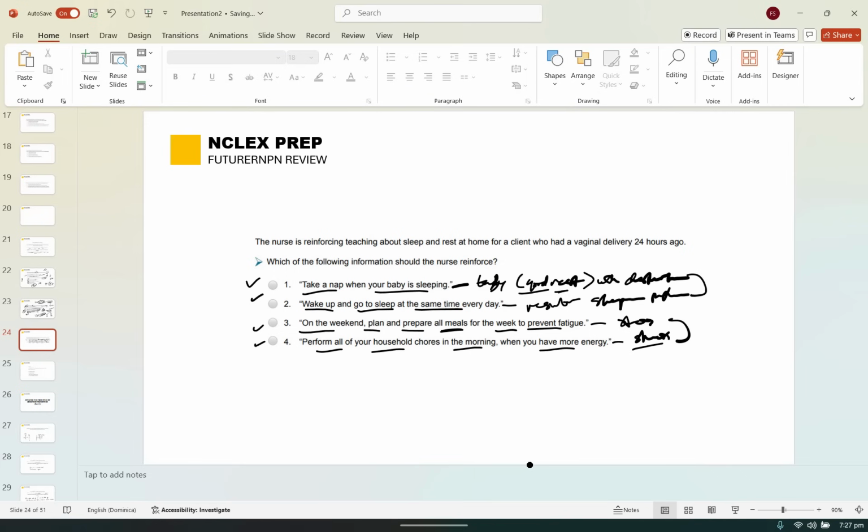Now, in order to manage stress, we need to find out how the client is managing stress. Now, they said on the weekend, plan all meals for the week to prevent stress. Guess what? We don't do everything at once when we are trying to manage stress. You don't do all your house chores, you don't do all meal planning, because even if you rest and you come back to do all the activity, you will get tired again.